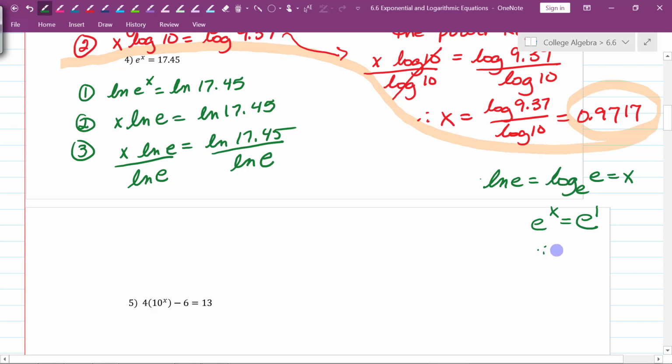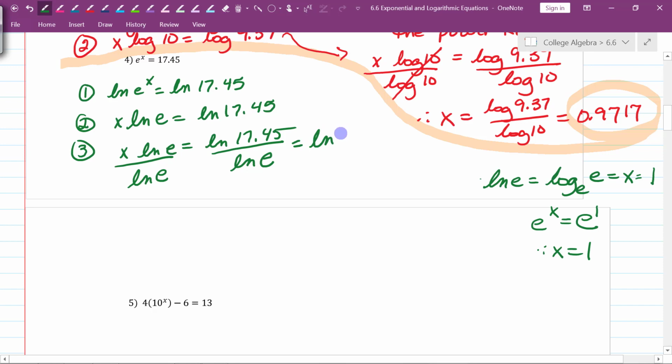So therefore, x equals 1. If x equals 1, and 1 then would equal log base e of e, which would also equal the natural log of e. Thus, natural log of e equals 1. So all I'm doing right here is dividing through by the number 1. Very important for you to recognize that.